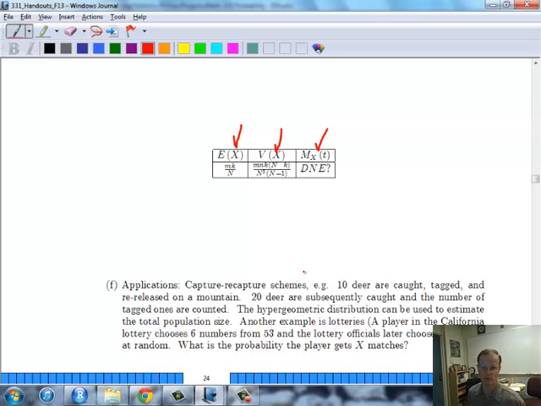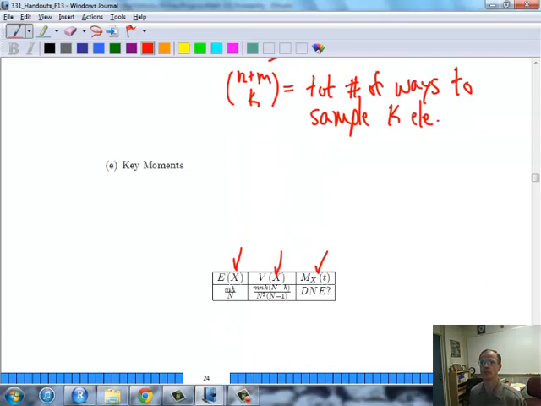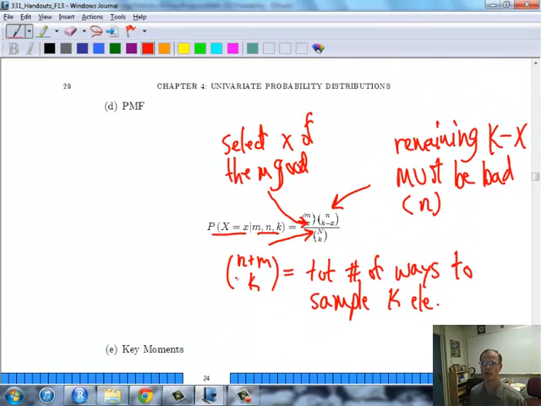Then you go out and catch 20 more deer. Of those 20, we count how many are tagged. Under that scenario, we can use the probability mass function to estimate the most likely number for the population size.